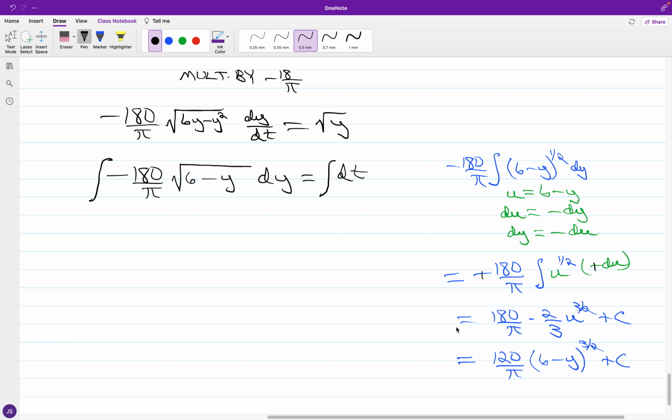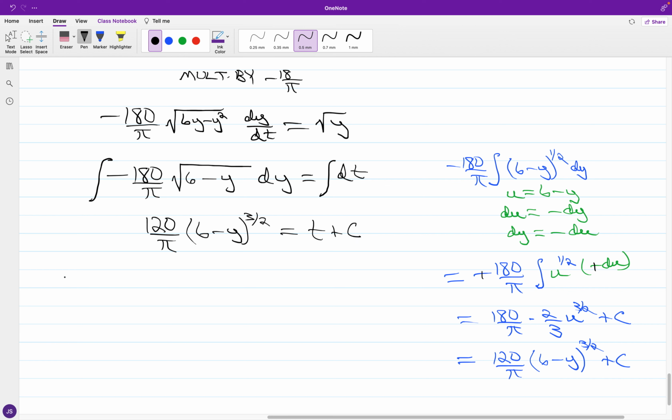So transferring back, the left hand side of the equation we have 120 over pi times the quantity of 6 minus y raised to the 3/2 is equal to t plus c.